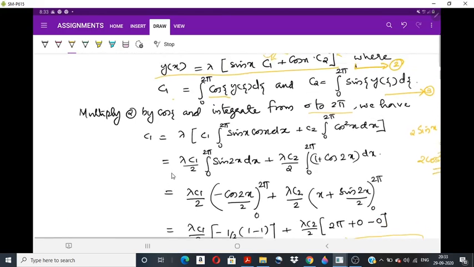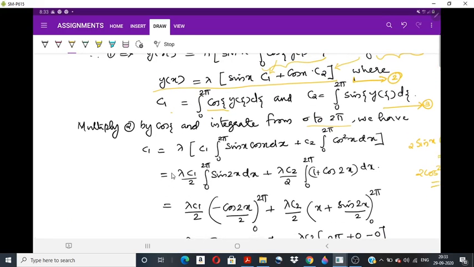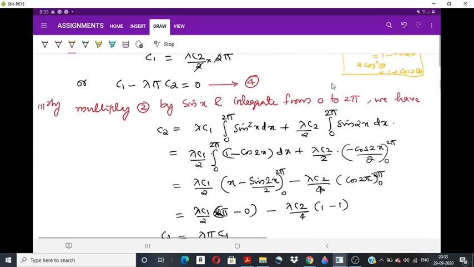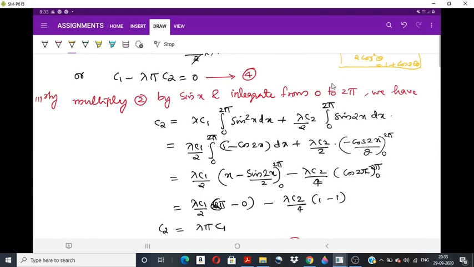Look at equation number 2. Then lambda c1, and we are multiplying with sin x. So lambda c1 into integral 0 to 2 pi sin square x dx plus lambda c2 into integral 0 to 2 pi cos x into sin x dx. That can be written as lambda c2 by 2 into sin 2x dx.